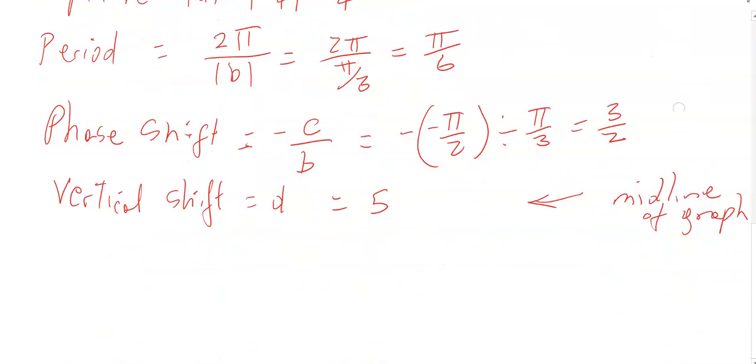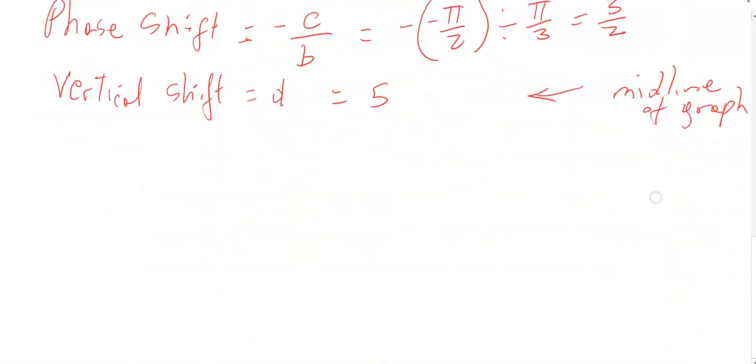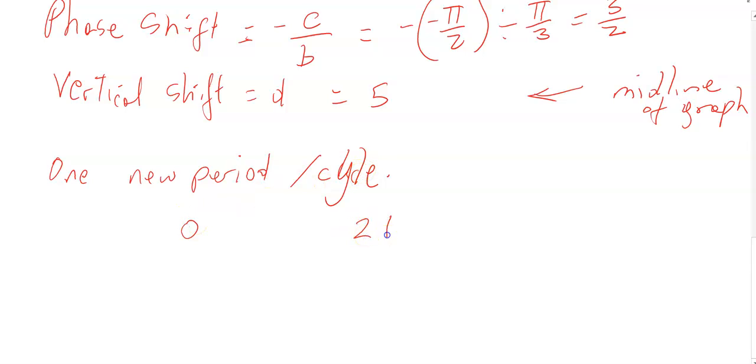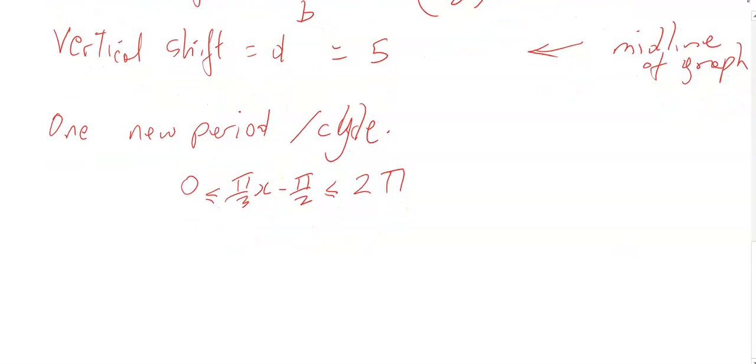Okay, so what you want to do then, if you want to graph this, is graph a single period, or one cycle. One cycle will lie between 0 and 2 pi of your pi over 3 x minus pi over 2. So we'll just sketch one full cycle.